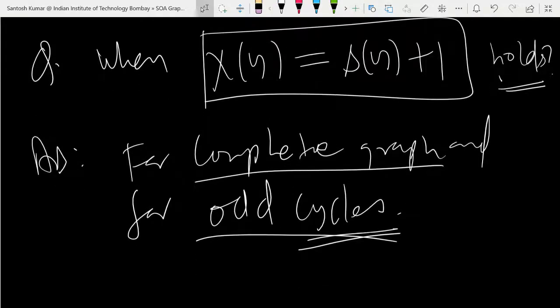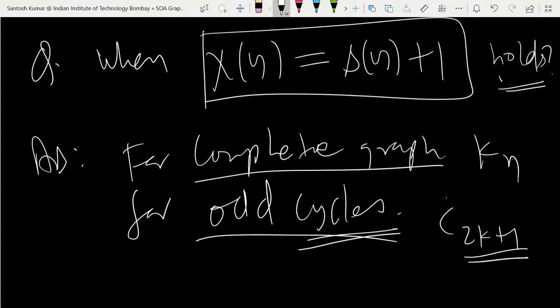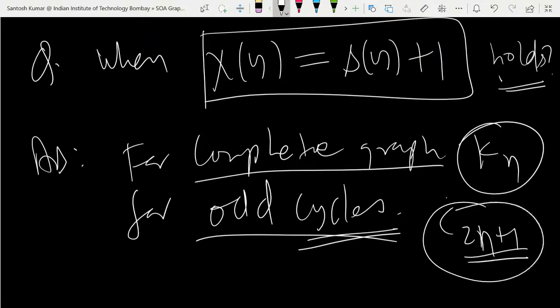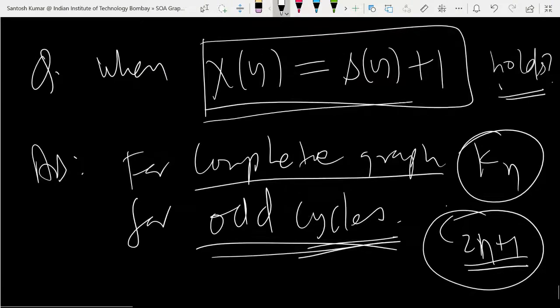You make any complete graph, Kn, or odd cycle, like C2k plus 1, or 2n plus 1. So in case of Kn and in case of C2n plus 1, in these two cases the chromatic number will achieve its upper bound, means equality in the upper bound.